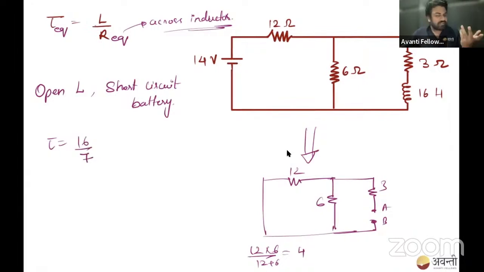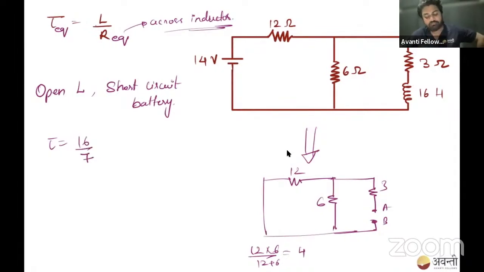For finding the time constant, you just have to find the R equivalent across the inductor: open the inductor, short circuit the battery. When you come to graduation level, in BTech electrical engineering, you will learn theorems like Thevenin and Norton theorems. In those theorems also, the short circuiting is done of the batteries and current sources.